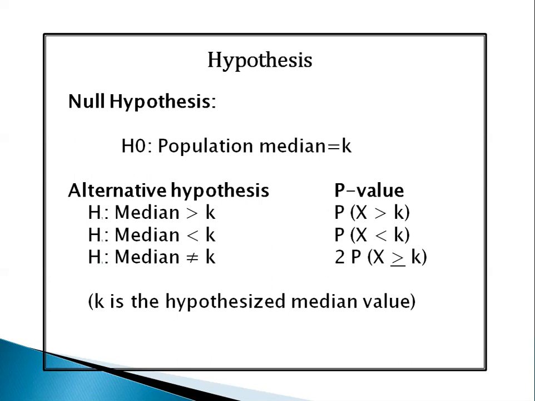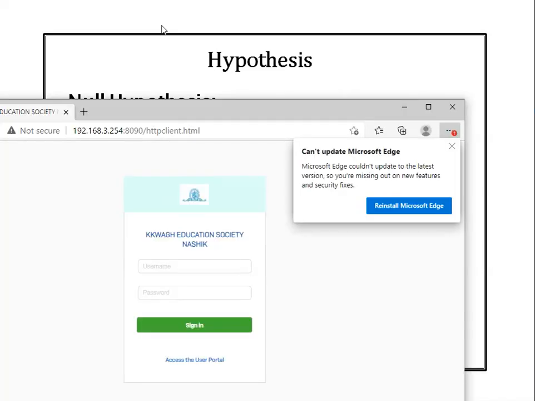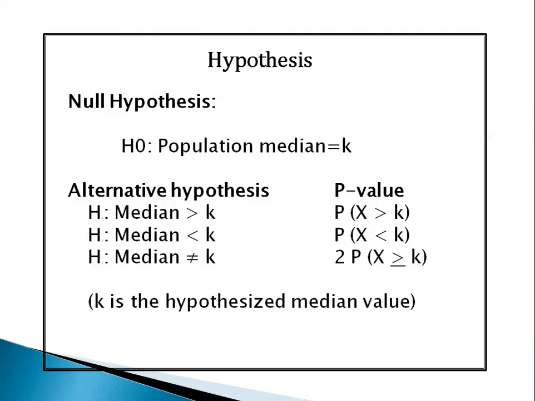The null hypothesis is that the population's median is equal to K, where K is the hypothesized median value. When the alternative hypothesis is that the median is greater than K, the p-value will be more.